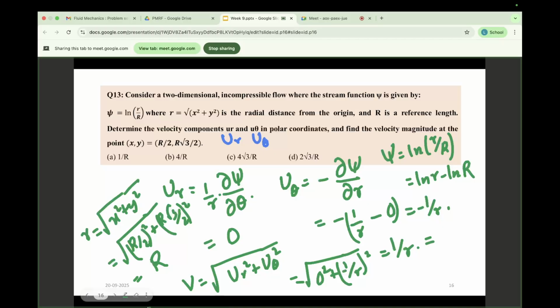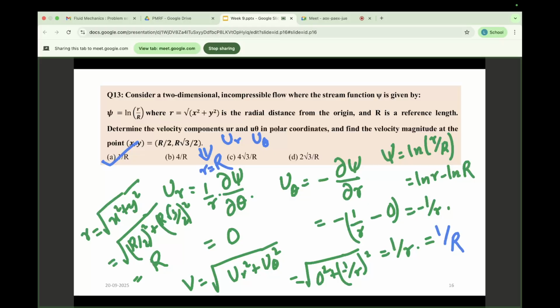Therefore the correct answer should be 1 by r, because the small r at x comma y is capital R, as we got from here. So the correct option is option A, that is 1 by r.